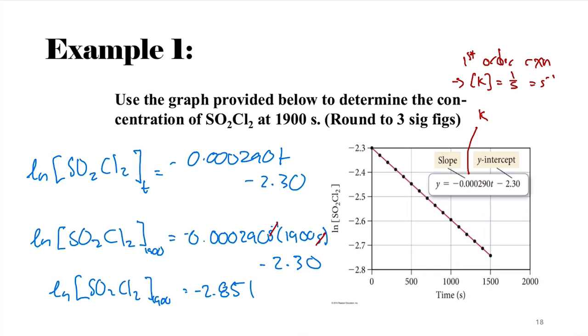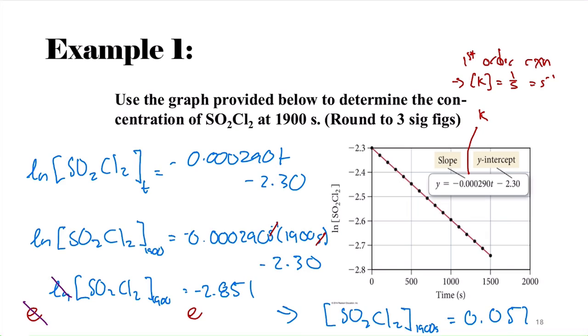We just exponentiate both sides, right? E to both sides, and also bless you. What happens to e to the logarithm? Yep, those are inverse operations, so those get rid of each other. So that becomes a concentration of SO2Cl2 at 1900 seconds is equal to 0.0578 molar.